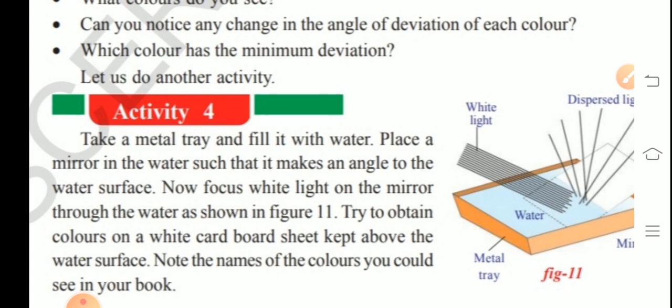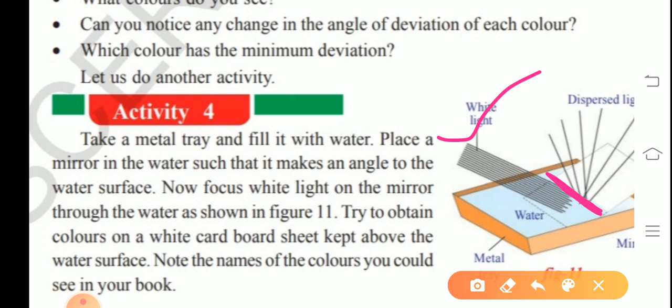Here is the artificial rainbow, that is activity 4. Take a metal tray, fill it with water, and place a mirror in the water such that it makes an angle to the water surface. This is the water surface. Now focus the white light on the mirror through the water as shown in the figure.